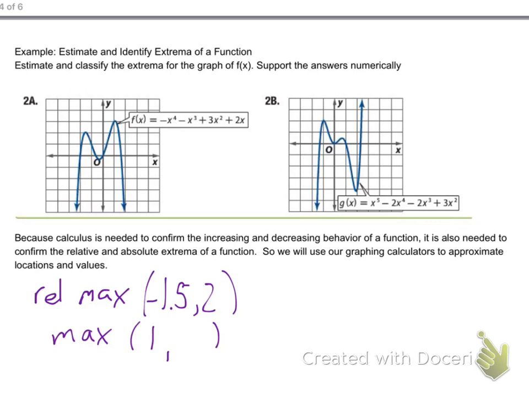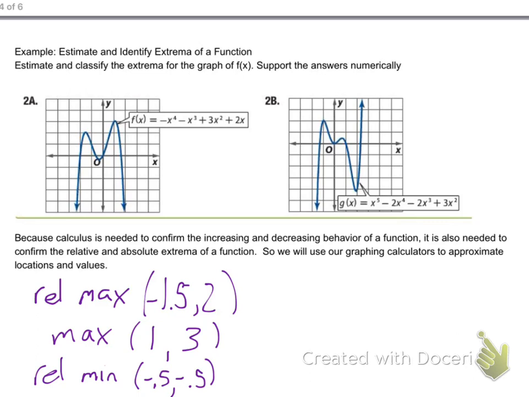Whoops, not 3, 1, 1, 3. And the minimum? Is it a minimum or a relative minimum? Relative minimum at what point? Negative 0.5, negative 0.5. Do I have to state any absolute minimum? No, because there is none.